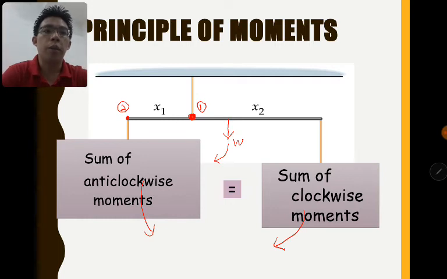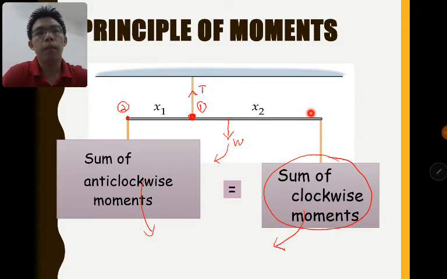Choice 2 can also be used to solve this rotational equilibrium problem, because as we can see here, there's a string. A string provides a tension force. If we know the mass or the weight of this block here, then we should be able to find the tension. Taking the point of moment at point 2, the anti-clockwise moment is caused by the tension.